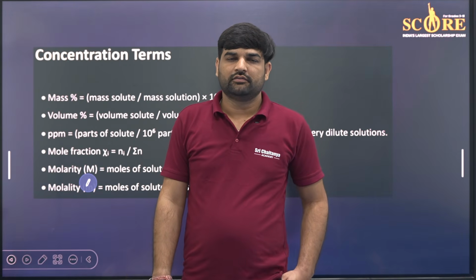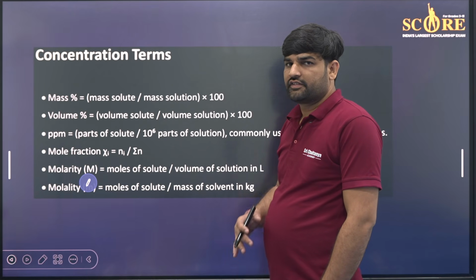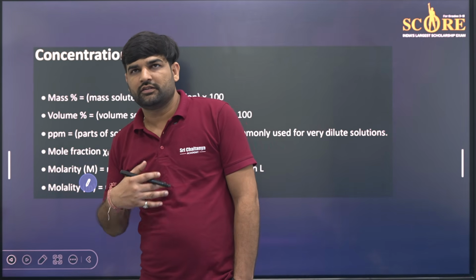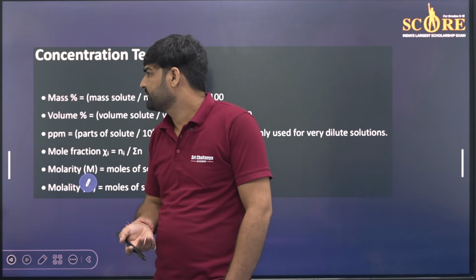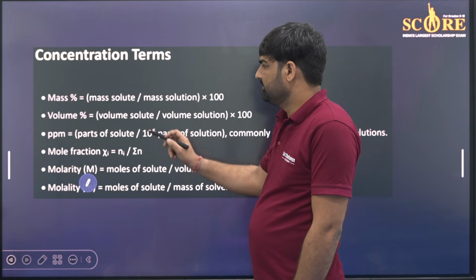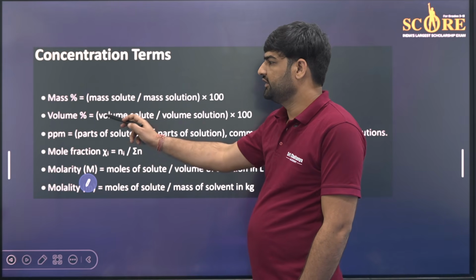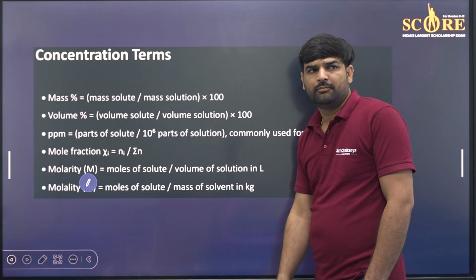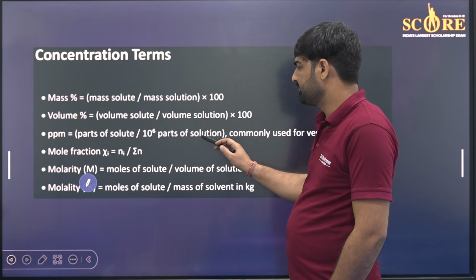So beta, now we will discuss concentration terms. Concentration terms are used to decide the amount of solute and solvent present in a solution. First is mass percentage: mass of solute over mass of solution multiplied by 100. Volume percentage: volume of the solute divided by volume of the solution multiplied by 100. ppm is parts of solute per 10 raised to power 6 parts of solution.